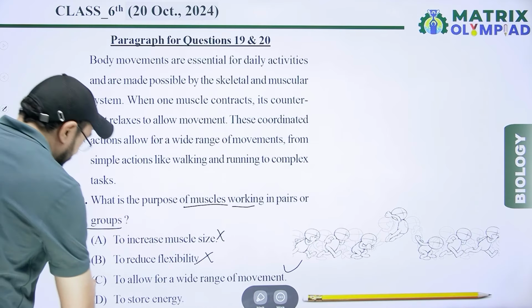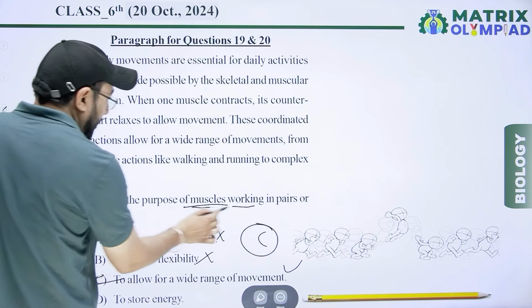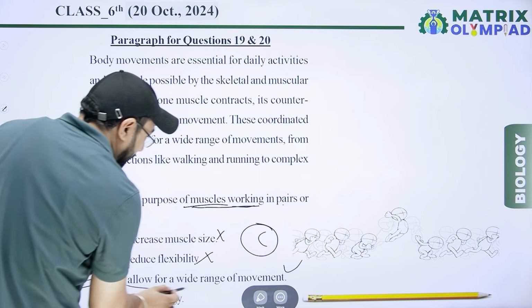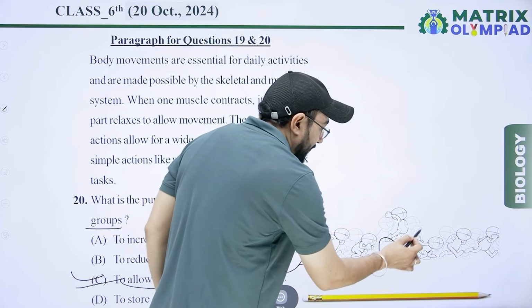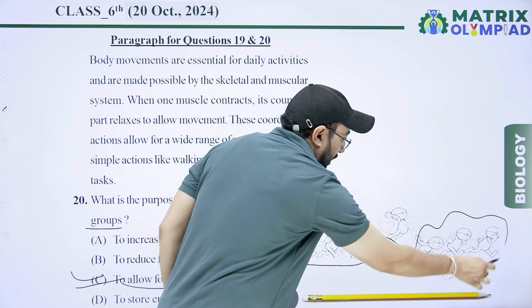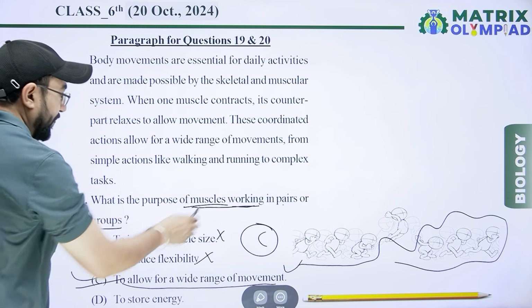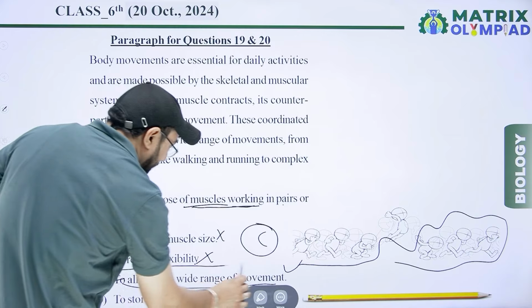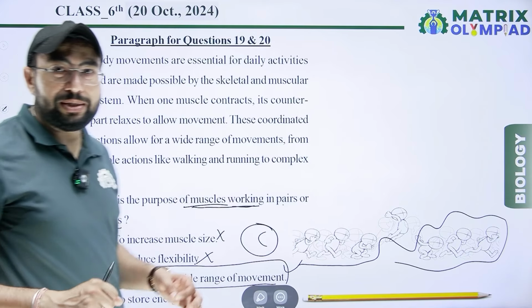No. Option C is correct because muscles work in pairs or groups for a wide range of movement, like running and flexibility. So many muscles work together for a wide range of movement. So the right answer is option C.